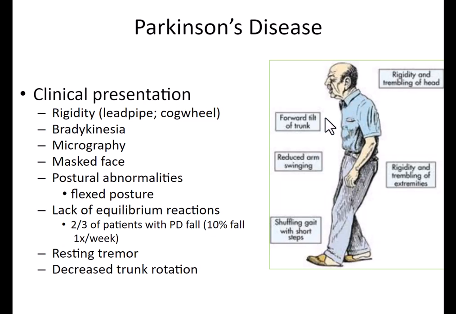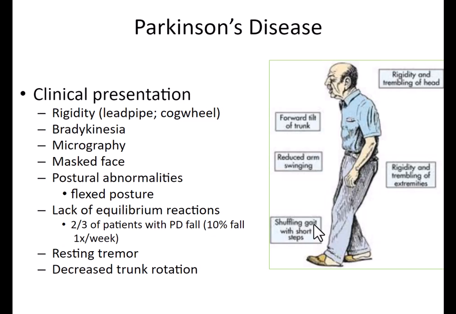There's going to be a forward tilt of the trunk, especially in later stages of Parkinson's, which we'll see as we look at videos later on. There's typically a reduced arm swing. There's rigidity and trembling of extremities, as well as a shuffling gait with short steps.